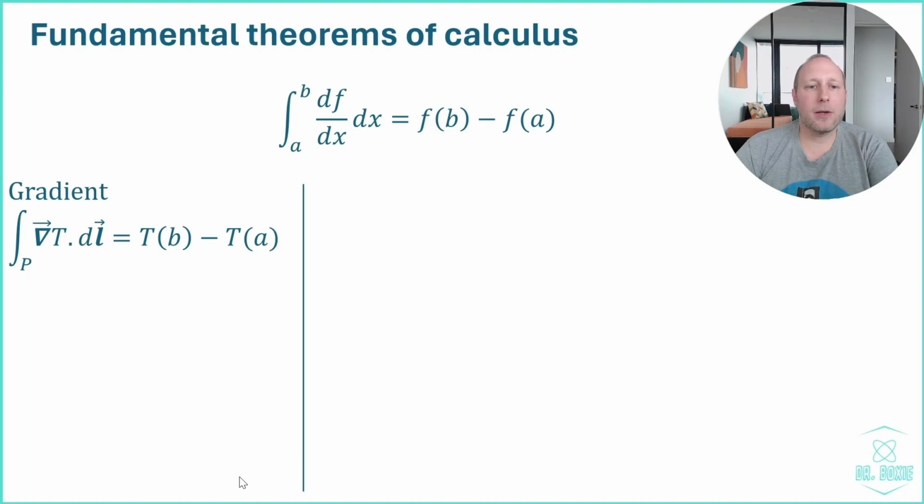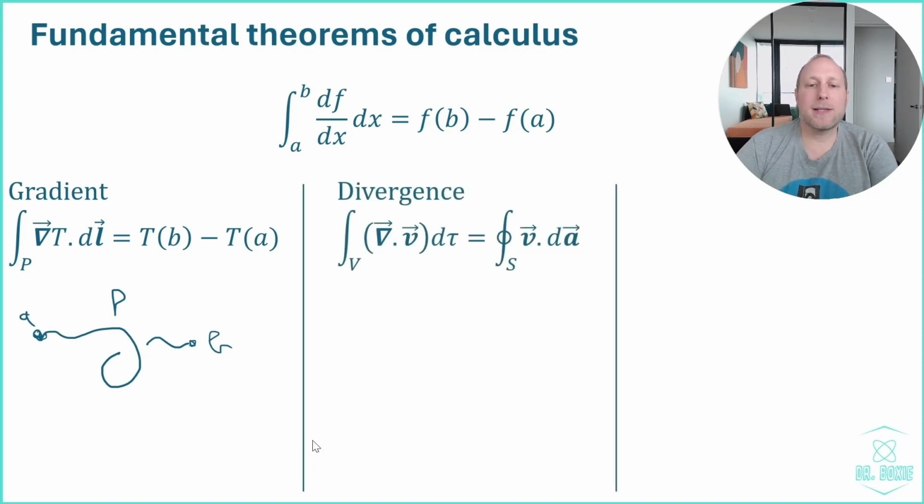Firstly, when we take the gradient of a scalar field and we move around in space from a point A to a point B along some path P, the line integral of the gradient, we can get rid both of the derivative of the gradient and of the integral, and we're left with the scalar field itself evaluated at boundaries A and B and then subtracted from each other.